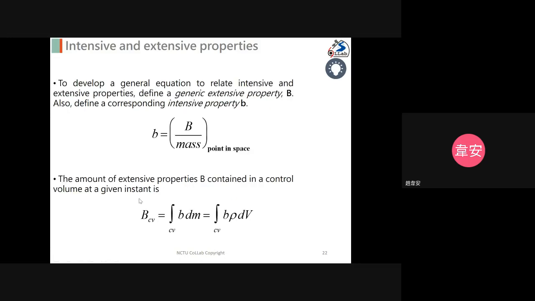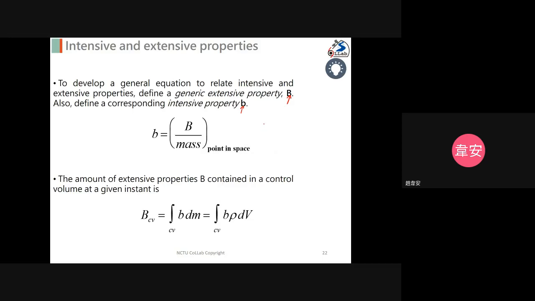For this slide, we define the extensive property as capital B, and the intensive property as small b. So we define b as B over the mass.